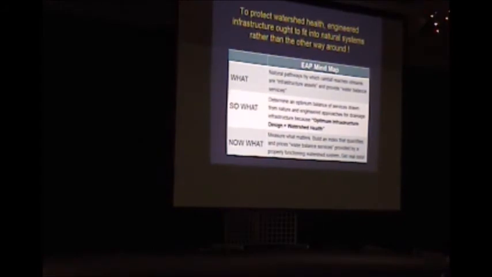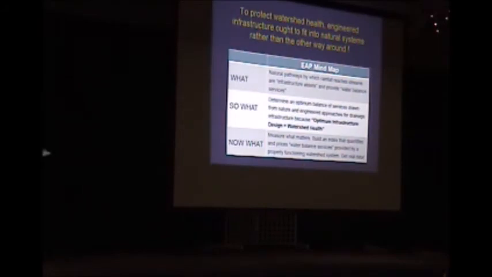The next thing is we have this mind map of the natural pathways by which the rainfall actually gets to the stream. In the standard of practice now, it's only surface runoff that gets to the stream. That's it. All the others are ignored.